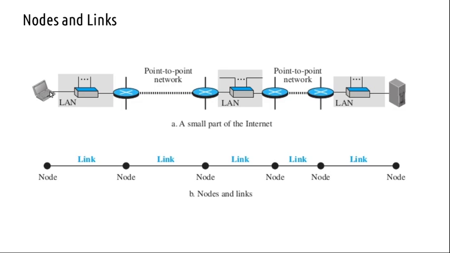So you can't pull a direct line from your computer all the way to the Google server. Rather, we have intermediate nodes, and as you are aware, routers operate in the lower three layers, that is the physical layer, data link layer, and the network layer of the protocol suite.